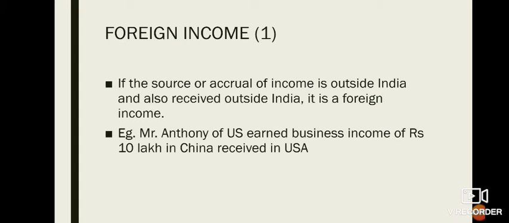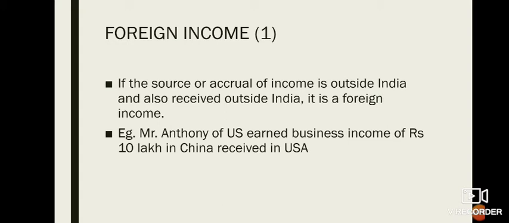Example, Mr. Anthony of US earned business income of rupees 10 lakh in China and received in USA. Here the source belongs to which country? Mr. Anthony is a resident of US, but earned business income of 10 lakh in China, which means the business is situated in China.